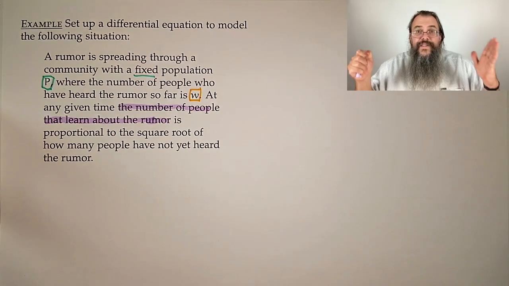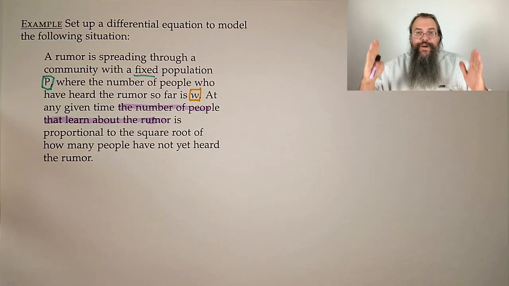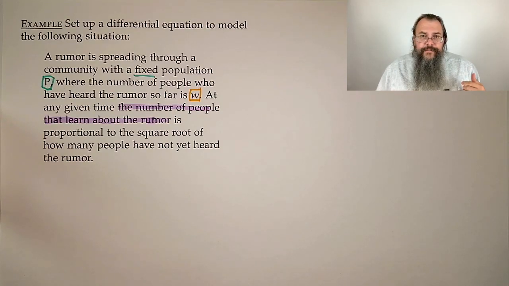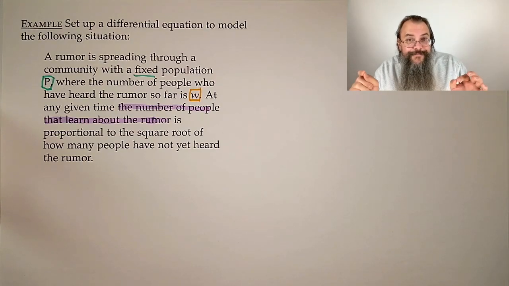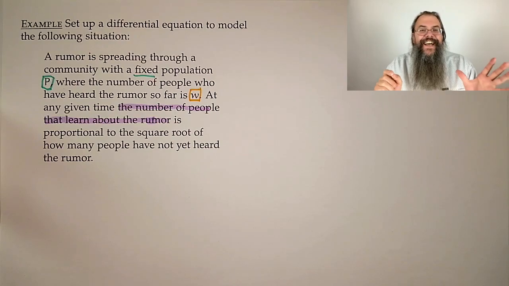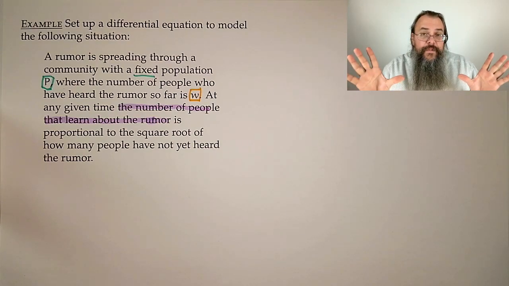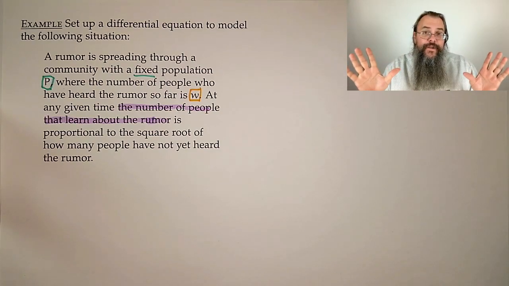So that's something. What is it? Well, it's something to do with W, right? Now, is it W? And why not? It's not W. Because what W is, it's the total number of people. That's everybody who knows about the rumor.